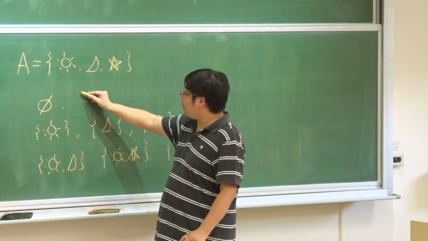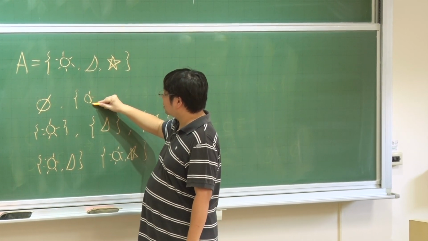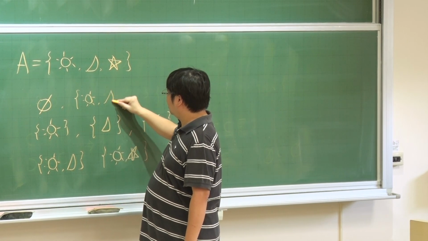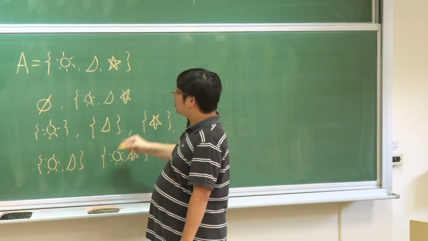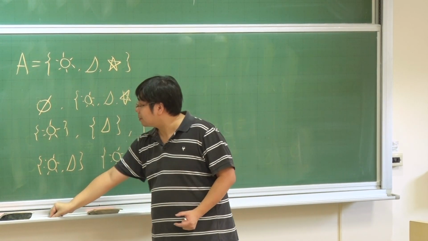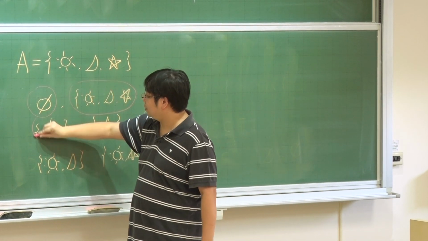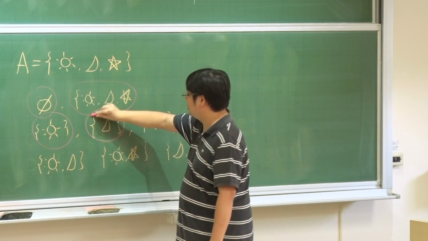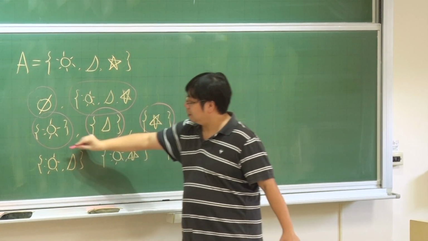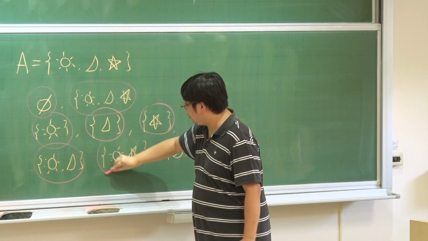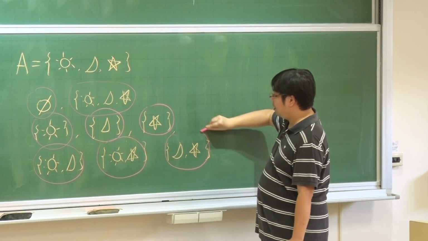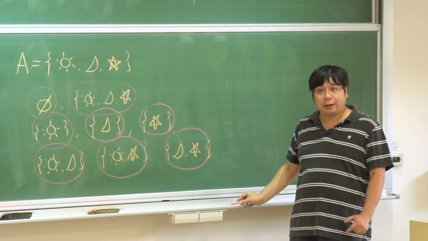So if we take everything, it is still a subset of A. So this is 1 subset, 2, 3, 4, 5, 6, 7, and 8. So we have these 8 subsets, right?